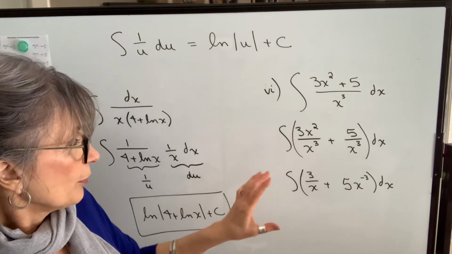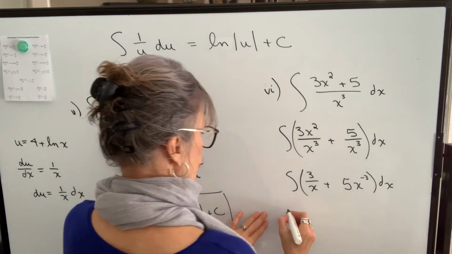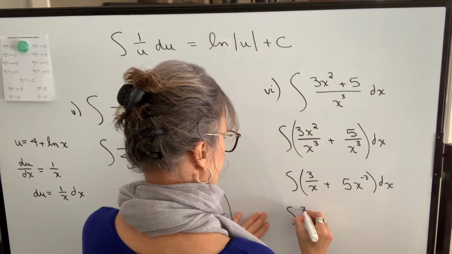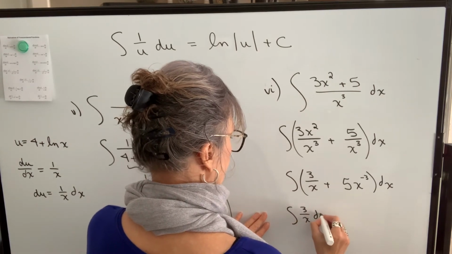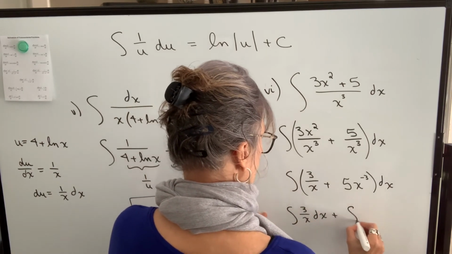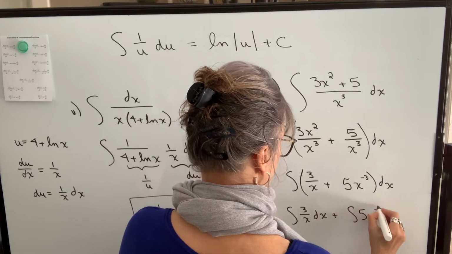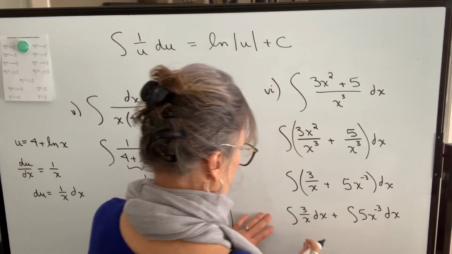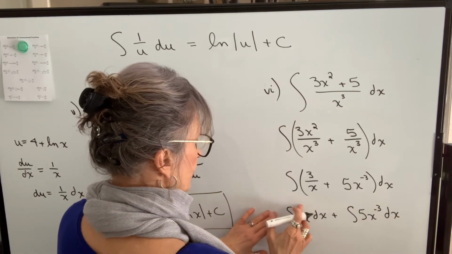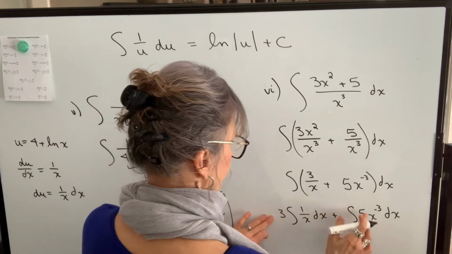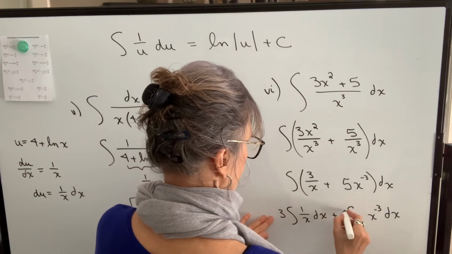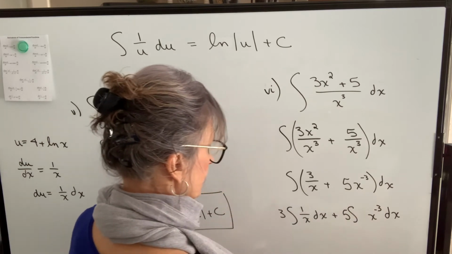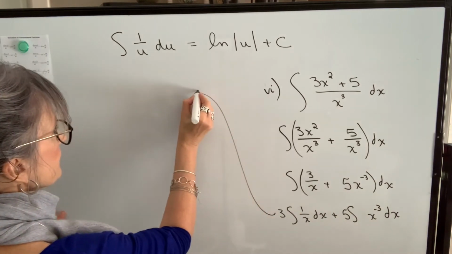You might want to break up each term because we're using a different technique. So you might want to break this up into integrals like this. You could pull the coefficients out front if you want. Now let's integrate this.